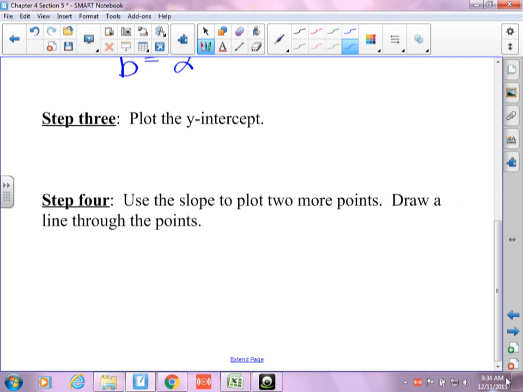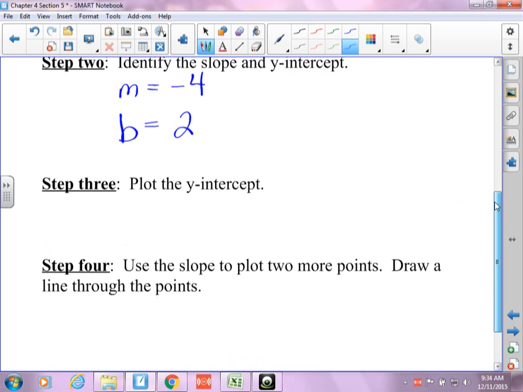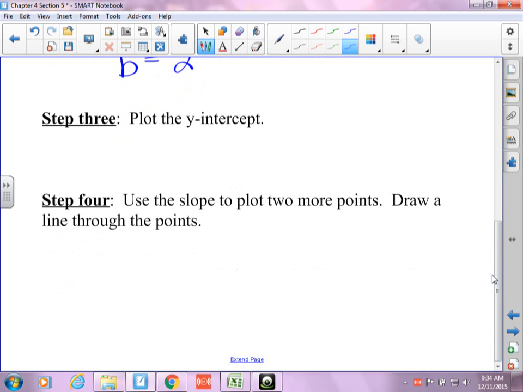Now let's talk a little bit about our slope. Our slope in this equation is negative 4. Remember that slope is rise over run. So if I'm given negative 4, that's negative 4 over 1. So I've got a whole number, or I should say an integer. I'm going to make the negative in the numerator, and then put it over 1.